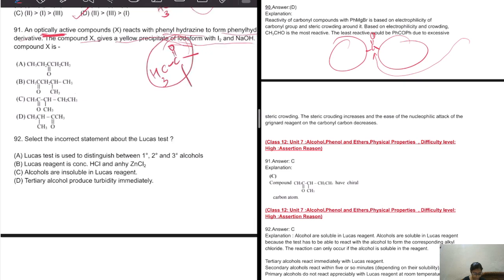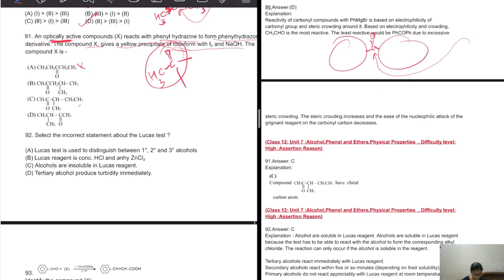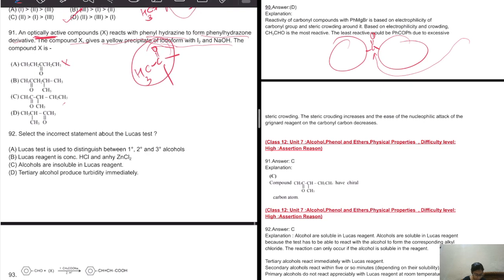Let's see the options. Here, no methyl ketone is there. Here, methyl ketone is there, but it is not optically active. Here, this would be optically active. See, here it is not optically active. Why?